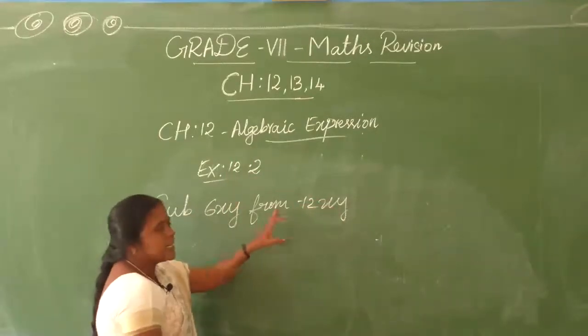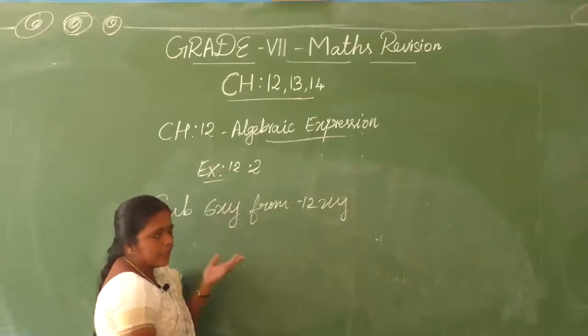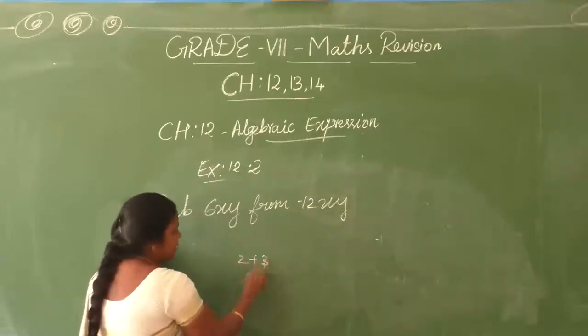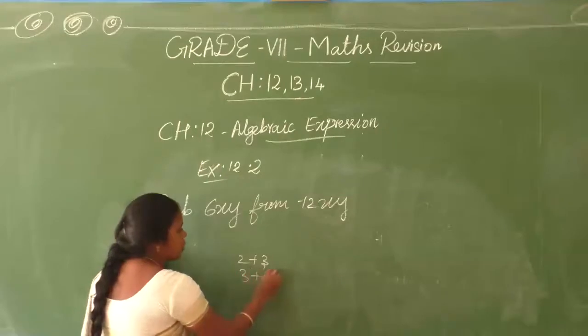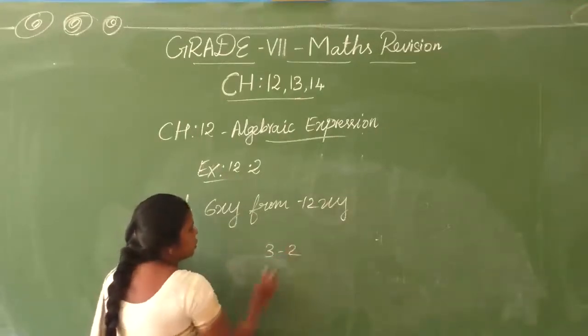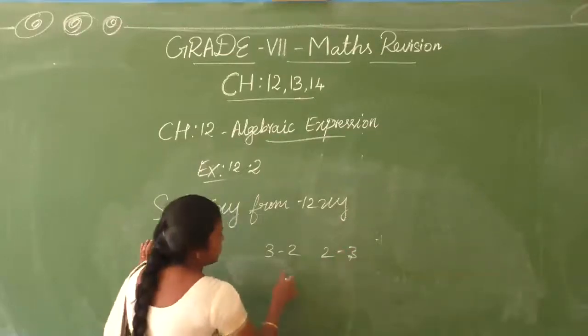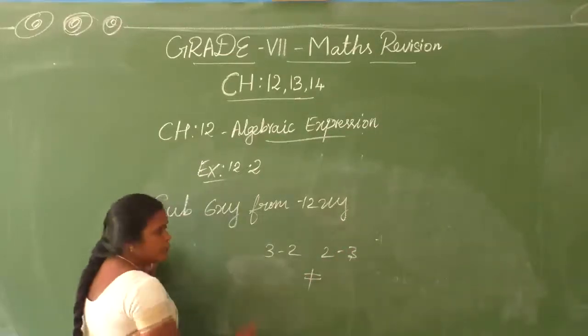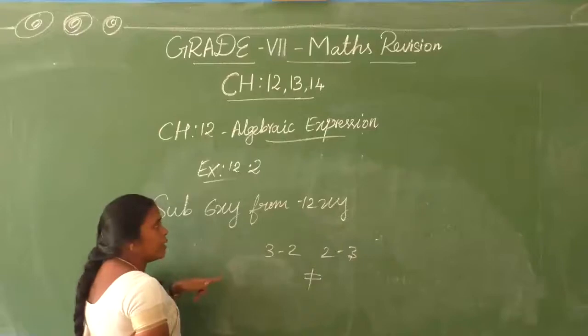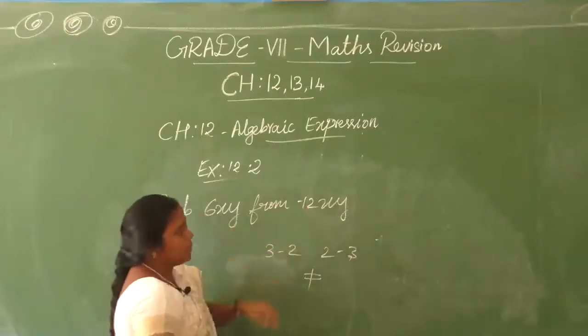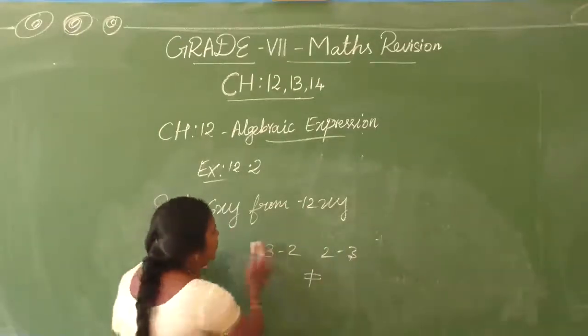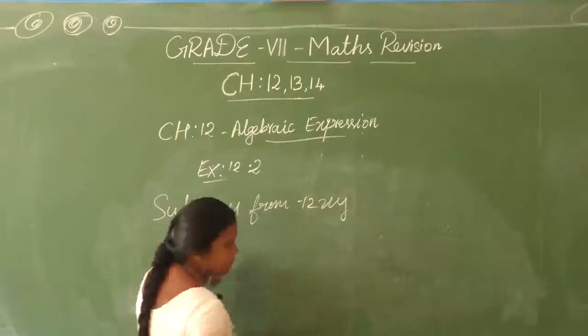In addition we can add numbers in any way. 2 plus 3, 3 plus 2, both are the same. But in subtraction, 3 minus 2 and 2 minus 3 give different answers. Yes or no? Both are not equal. So keep it in mind. Subtract this from that means you should take that as the first one.